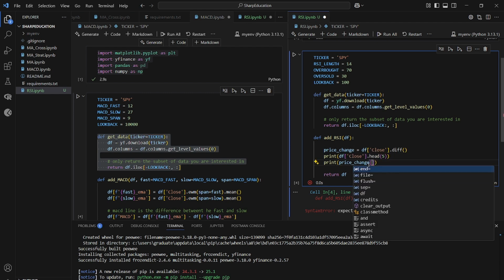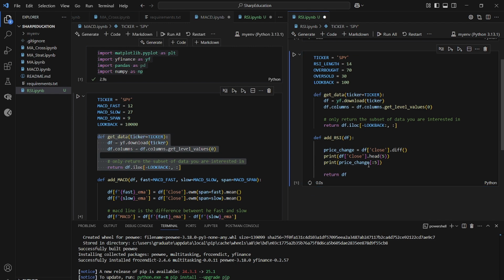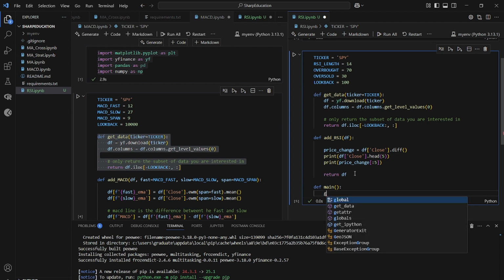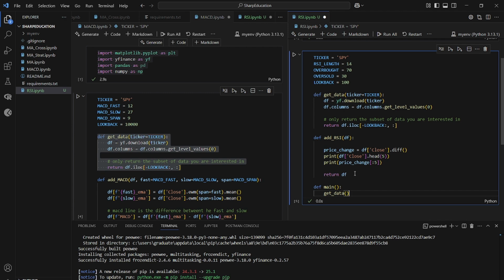I think this should work. So def main. So let's define a main function to run our 2 functions really quick. I edited the RSI to show you guys what the diff does. So get data and add RSI.